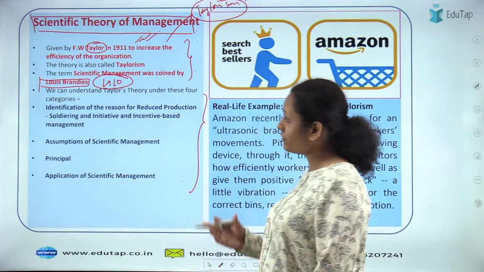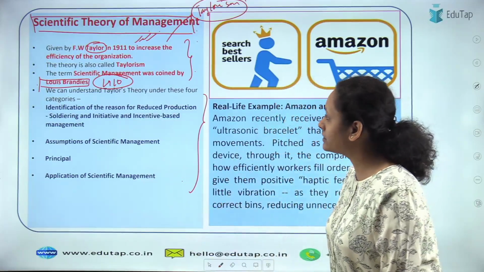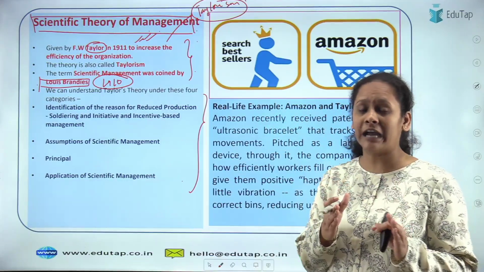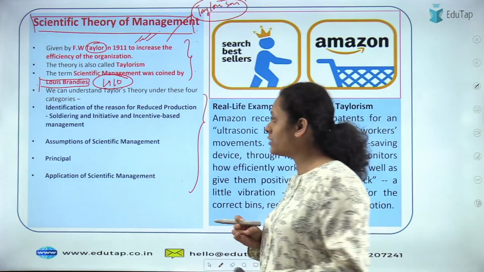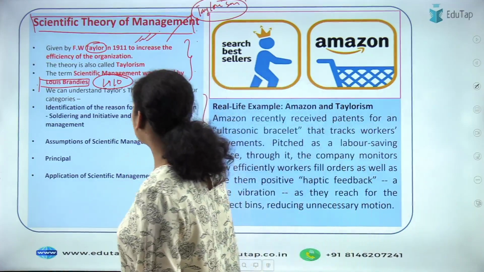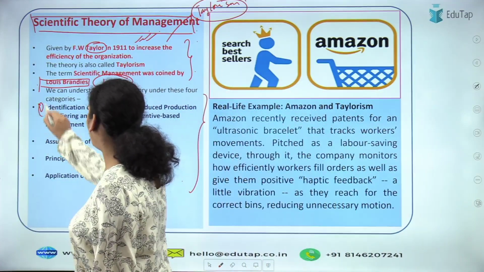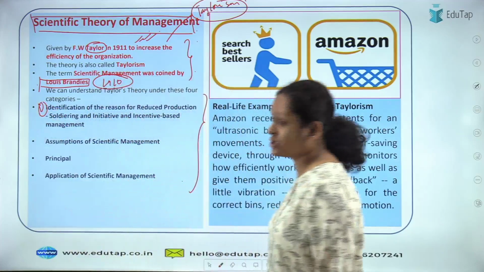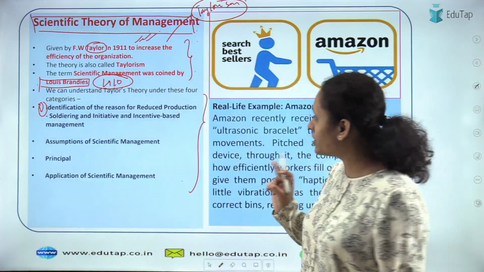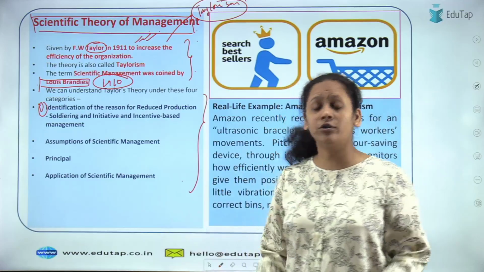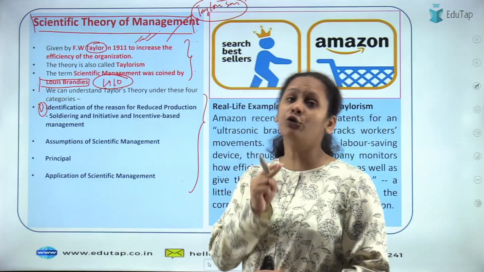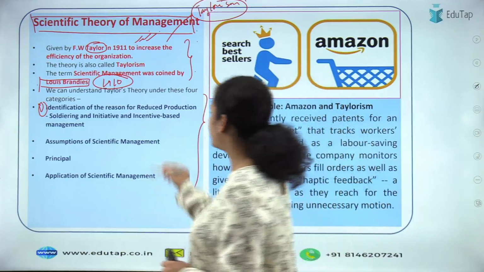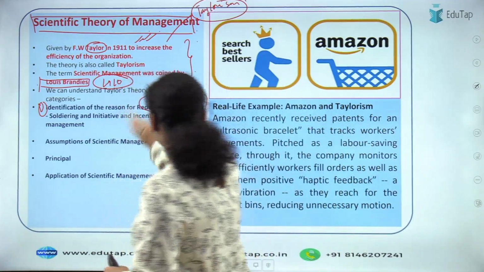Now, what were the four important categories which you should remember whenever I say Taylor's theory of management? The first thing is identification of reduction of production. So the first reason which Taylor gave, to make it more simple, Taylor found two reasons because of which there was reduction in the production.